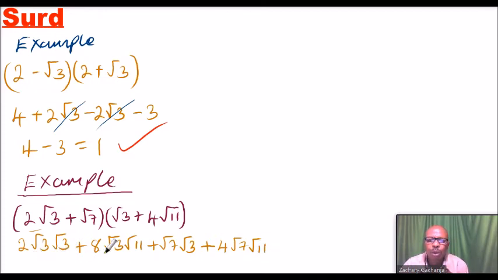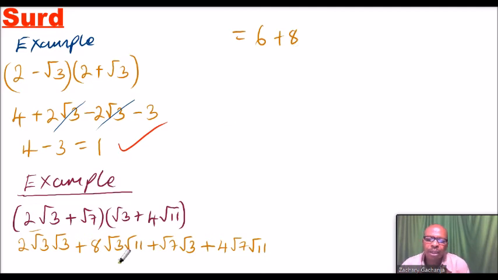So we can combine this and say this is equal to, now you realize root 3 times root 3 will give us 3. 3 times 2 will give us 6. So when you get 6 there, then you have 8 root 11, root 3 times root 11. So that can give us 8.